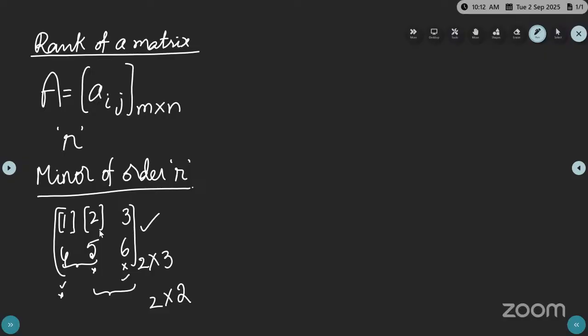And the determinant of the thus obtained submatrix is known as a minor of order r.